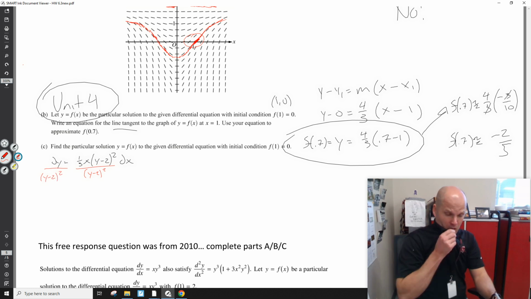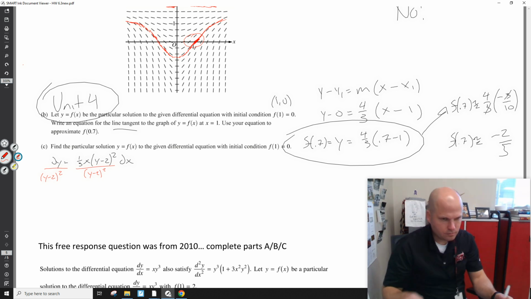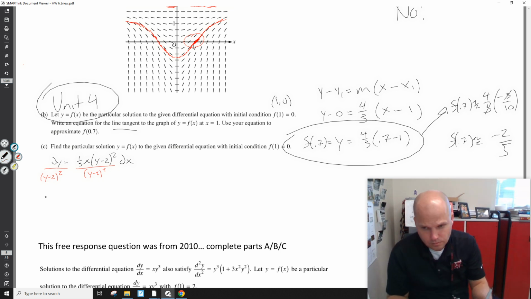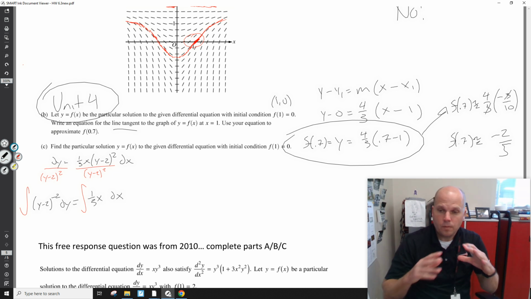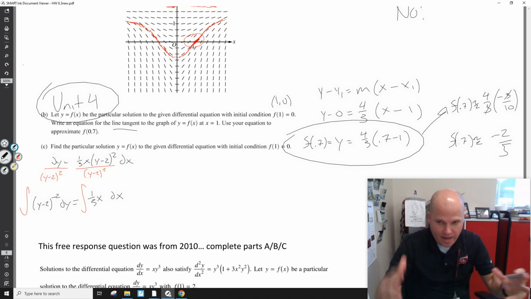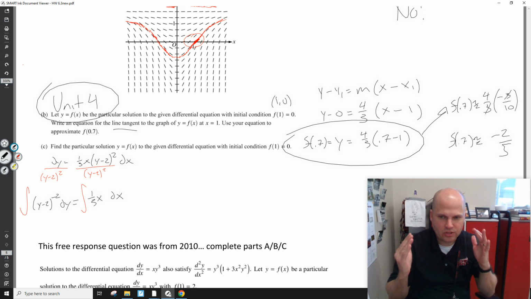Now watch what will happen. I rewrite this as y minus 2 to the negative second, because I can take this antiderivative. Now, this is like a Vegas deal. What starts in the parentheses stays in the parentheses.